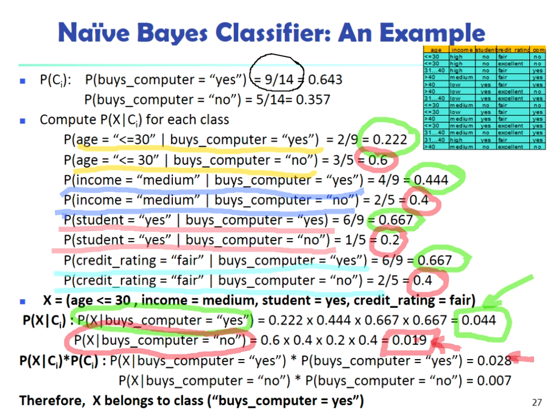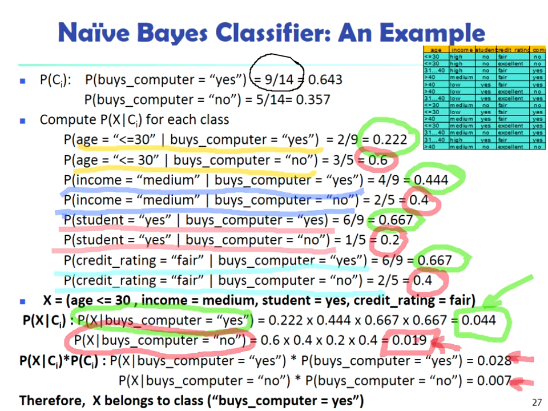We have to multiply by the probability of buys computer equals yes here, and probability of buys computer equals no here. So therefore, X belongs to buys computer equals yes. Why? So the prediction in our example is buys computer equals yes.